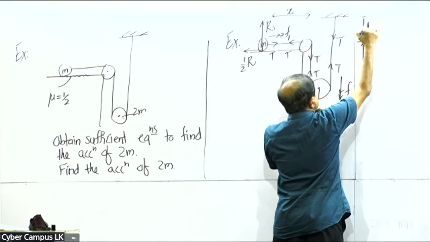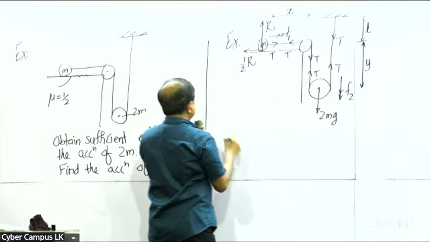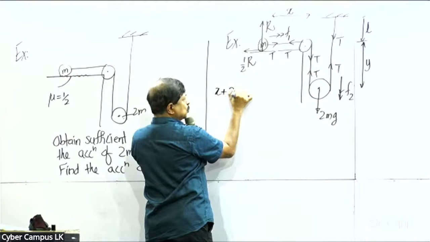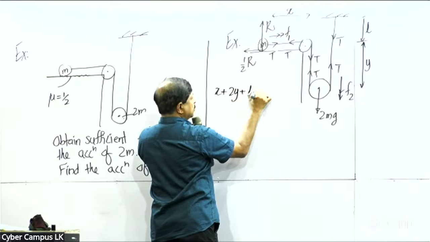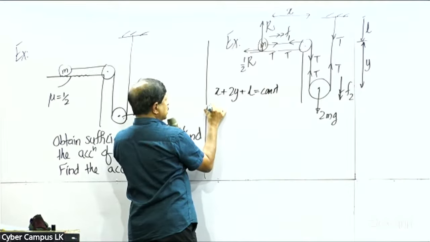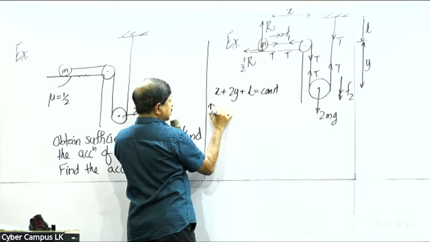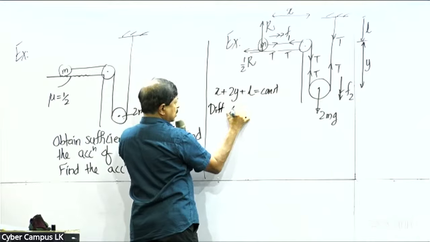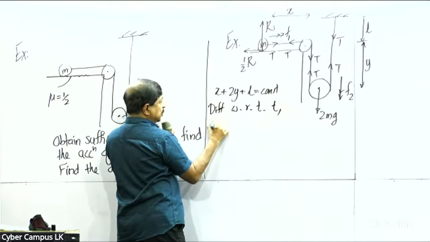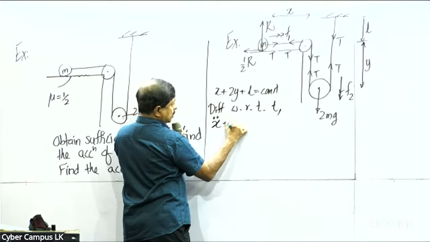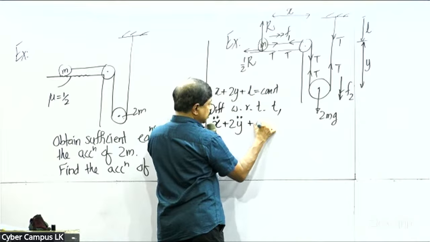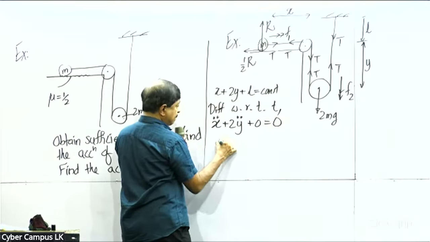This is a fixed length, I'll take it as L. So x plus 2y plus L is a constant. Now you can differentiate with respect to t, then this will be x double dot plus 2y double dot. Now this is a constant, so it will be 0. This also 0.